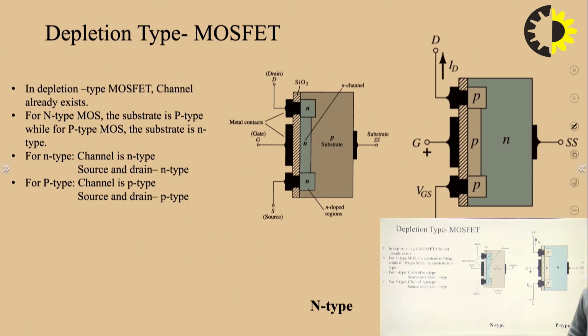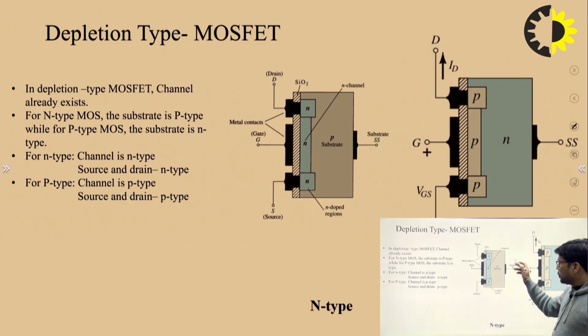In the N type MOSFET you can clearly visualize that we have taken a P type substrate, while in the P type MOSFET we have an N type substrate. Whatever we have learned in the case of one type, just do the opposite in the other type of MOSFET.